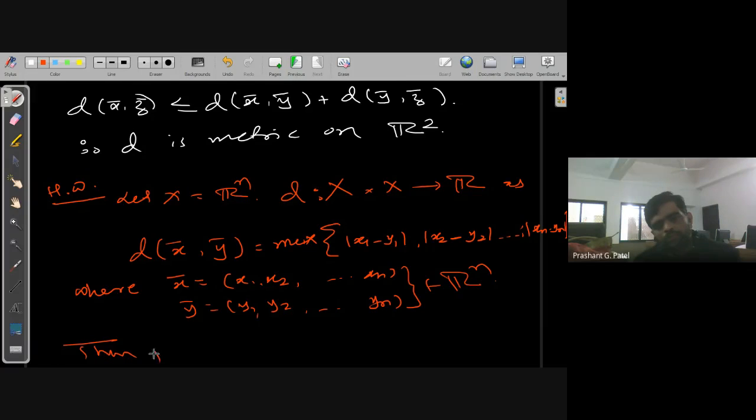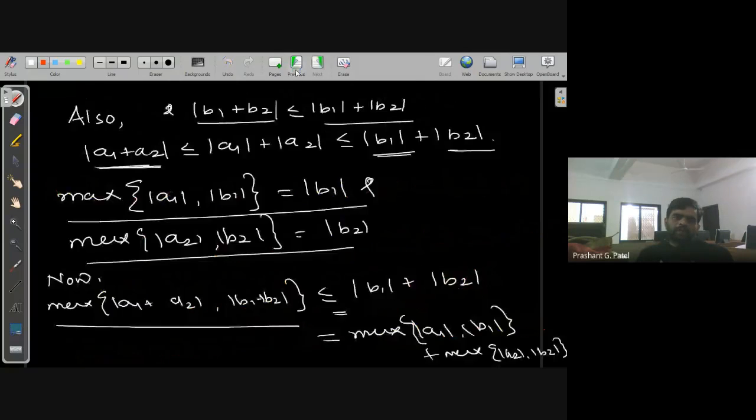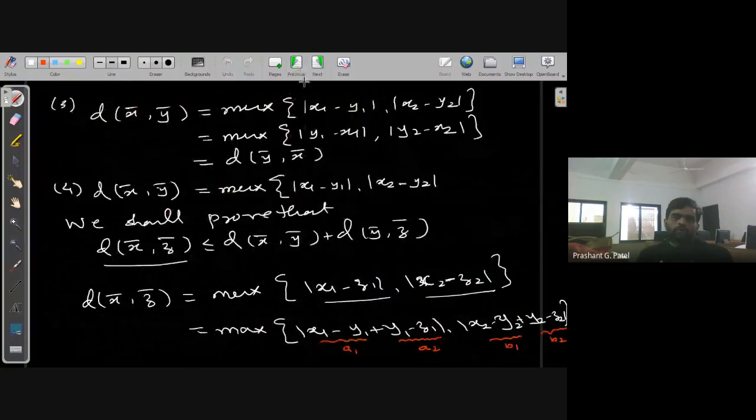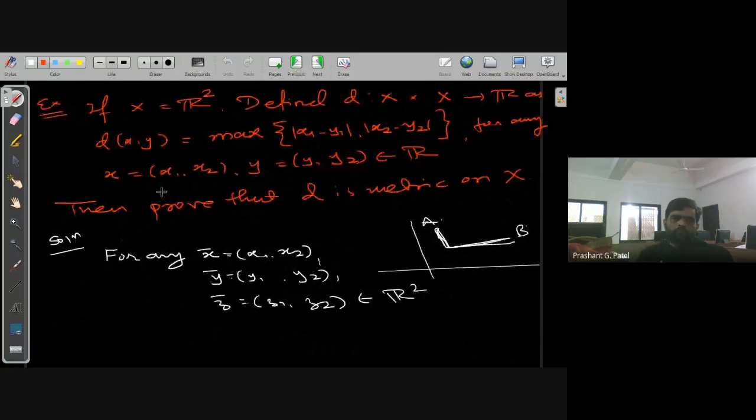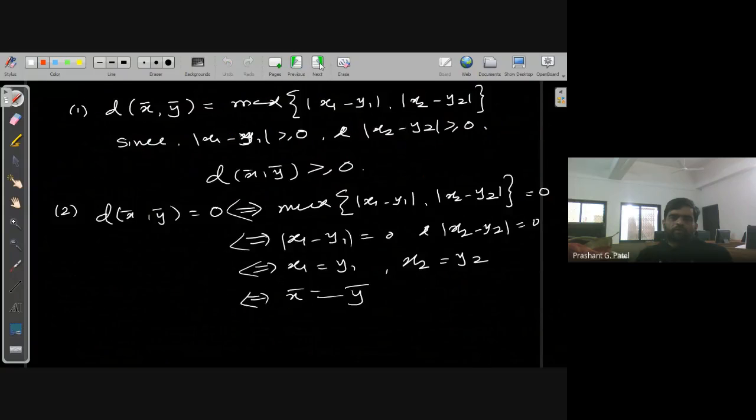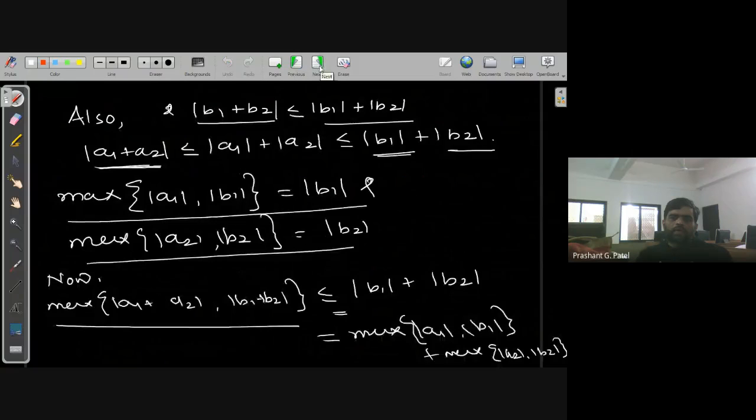Then prove that this d is a metric on Rn. This I am giving you as homework. So this is in general. In this example I am giving you 2 dimensions, but the same concept we can generalize for n dimensions.